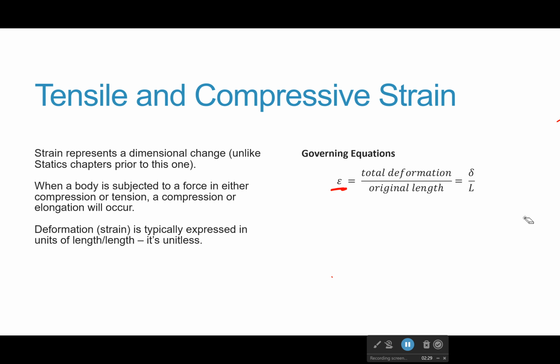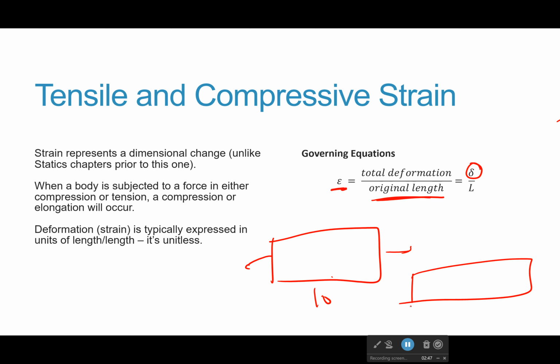It's a fraction. It says, I've deformed, and that's a fraction of my original length. For metals, the strain is usually really small, but it can be bigger for rubbers. So if I was 10 inches long, and after I apply a load I'm suddenly 11 inches long, that's a difference of 1 inch.